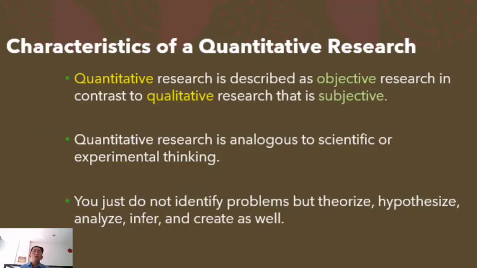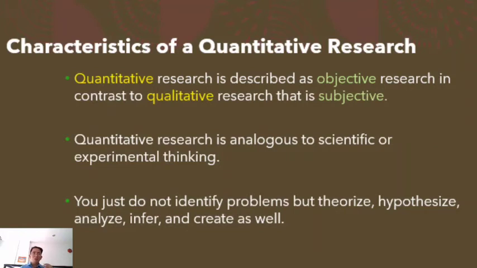Okay, you do not just identify problems but theorize, hypothesize, analyze, infer, and create as well, right? In quantitative research, this usually happens in hard sciences like physics, chemistry, biology, and medicine.